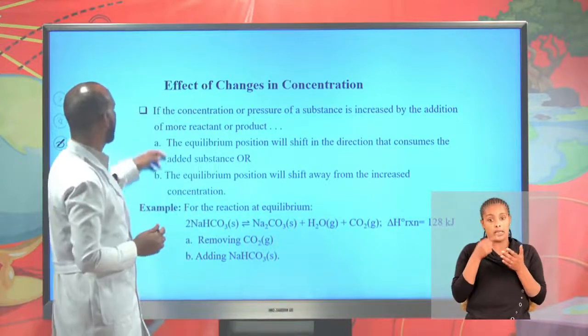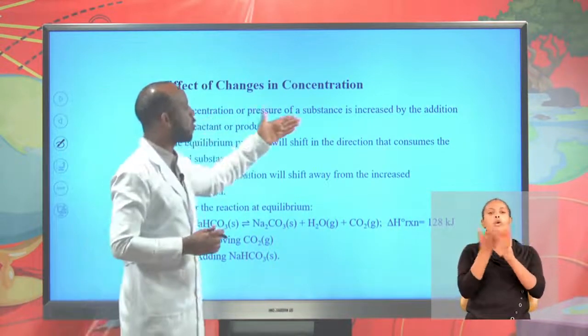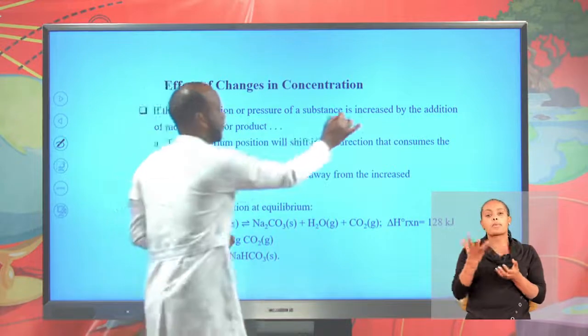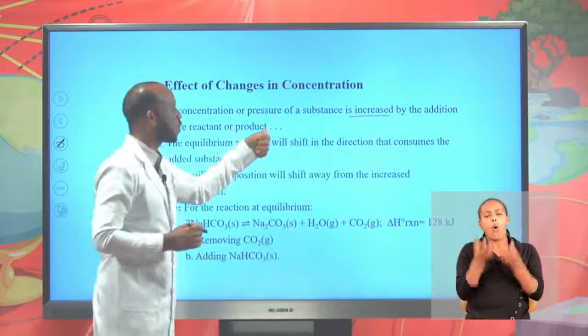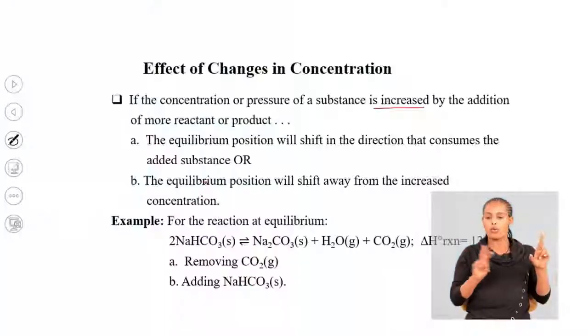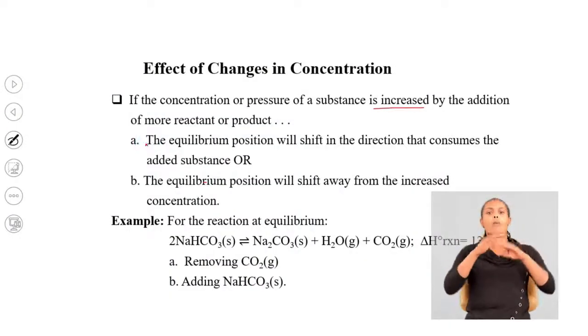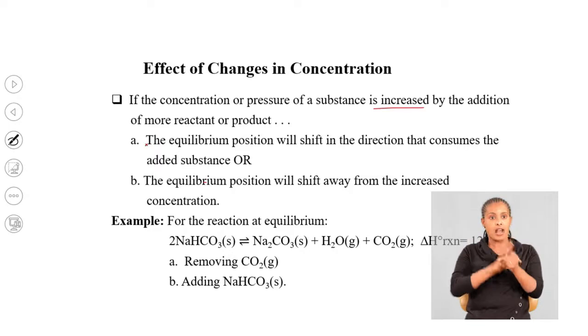Here it says, if the concentration or pressure of a substance is increased by the addition of more reactants or products, the equilibrium position will shift in the direction that consumes the added substance.